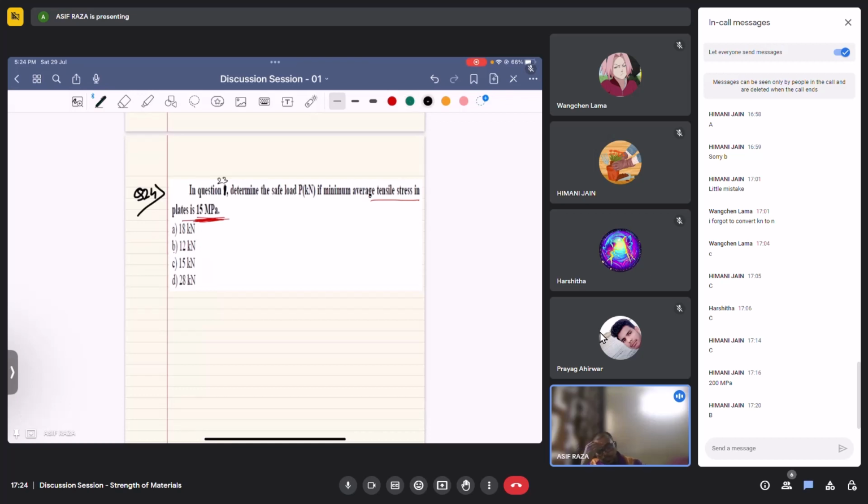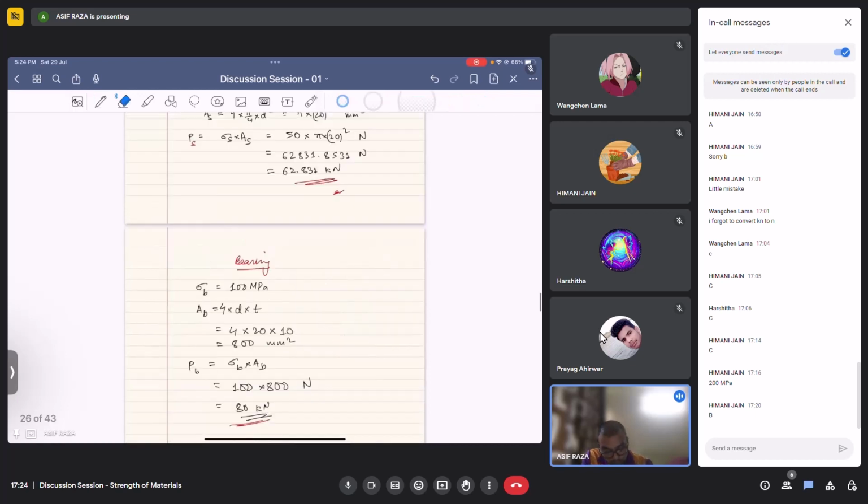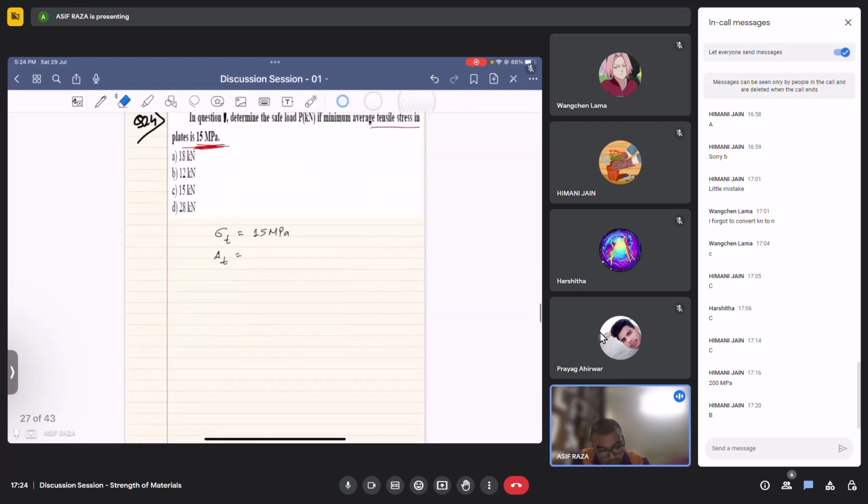For the tensile case we are given sigma T as 15 megapascal, right? The area involved would be the net area of the cross section, which resists this tensile failure. Okay, so let me draw it here.